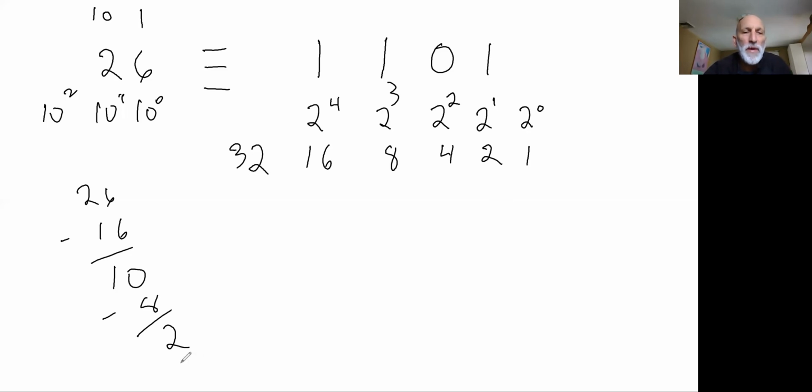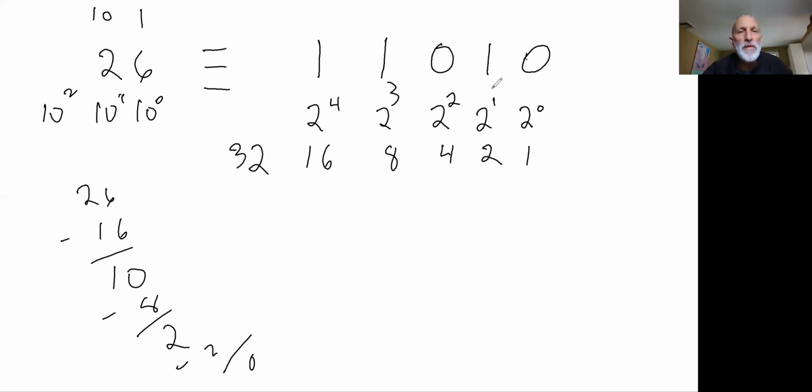And when you subtract away that last 2, you're left with 0. So there is no more. The representation for 26 in binary, read from left to right, would be 1, 1, 0, 1, 0. So that's how you do 26.